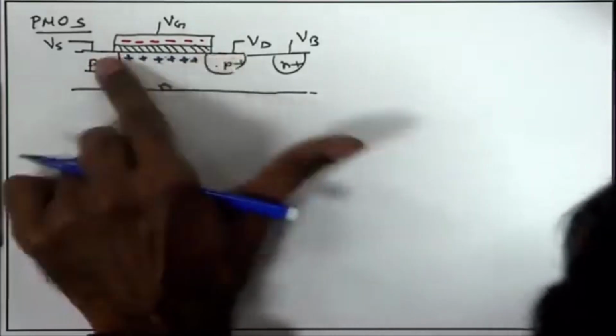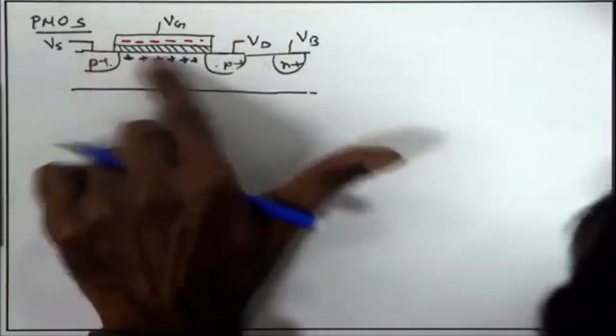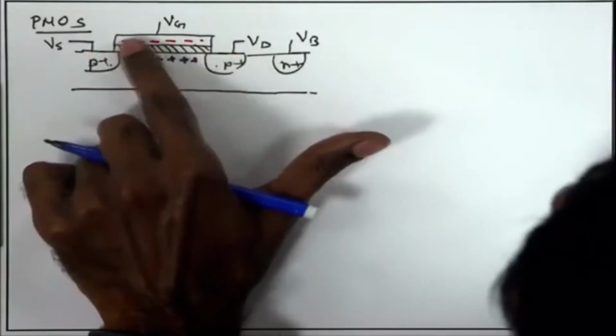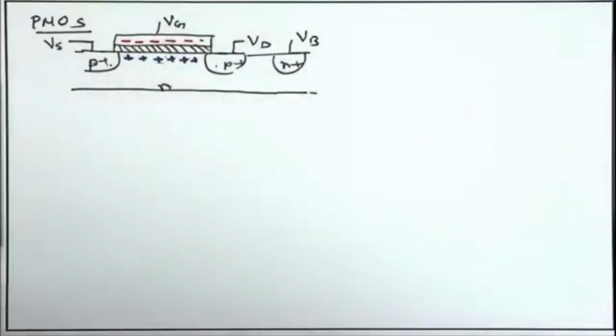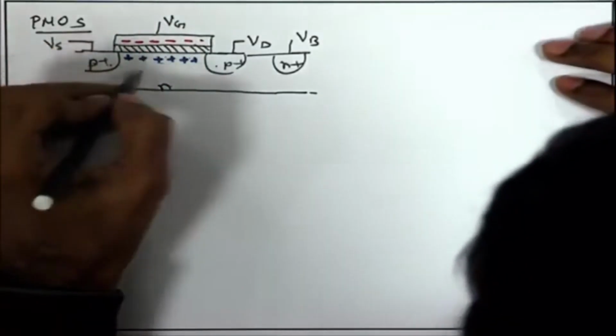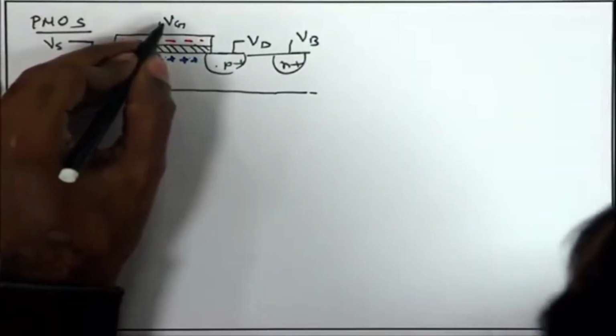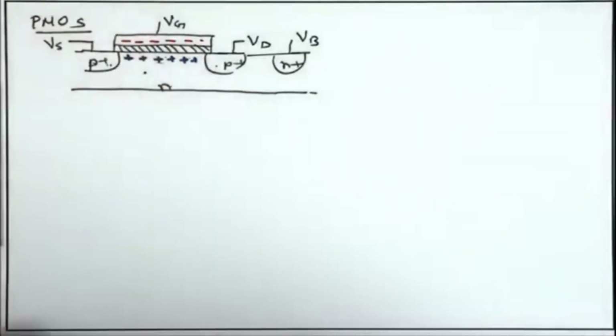Once you have this continuous p type region formed, once again you have a continuous conduction and the MOSFET is on, and you get a lot of current increase when you reduce the Vg further. So, basically in this case we need to have, with respect to the channel, the Vg should be negative, you have a requirement of negative voltage.